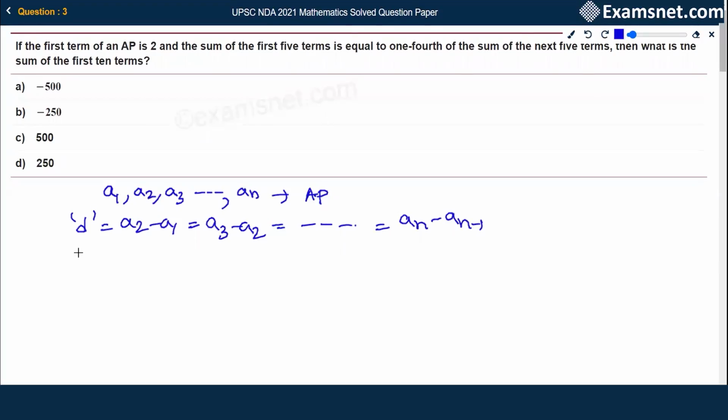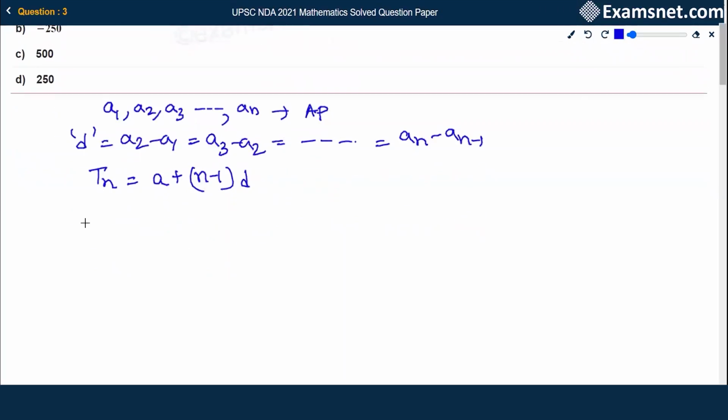And how to find the general term? The nth term of an AP is given by the formula Tn. If I consider A as the first term, the formula is A plus (n minus 1) into D, where D is the common difference and n is the position of the term that we are going to find. Also, let me remind you about the formula for the sum of the first n terms.